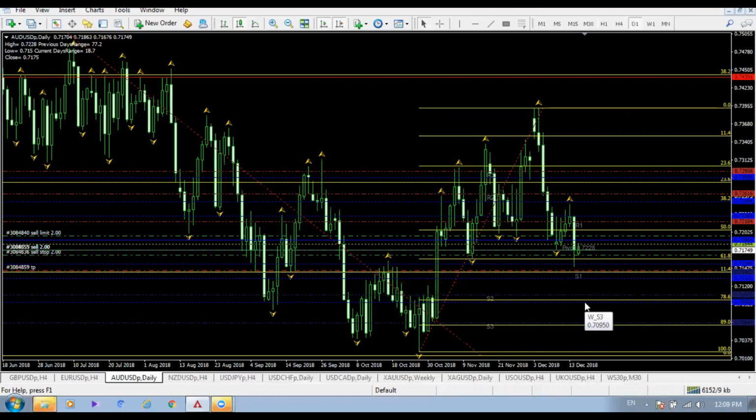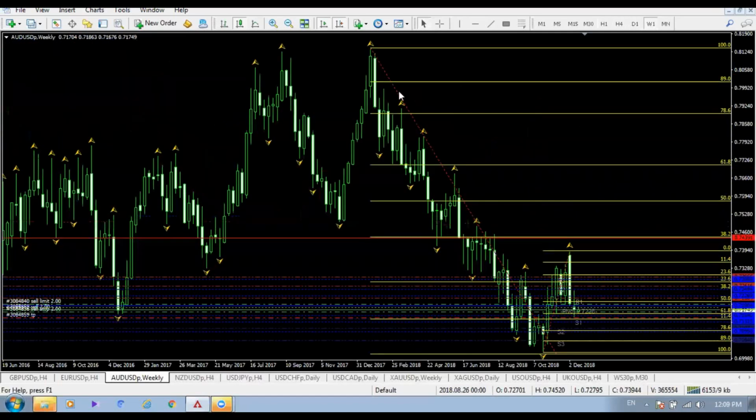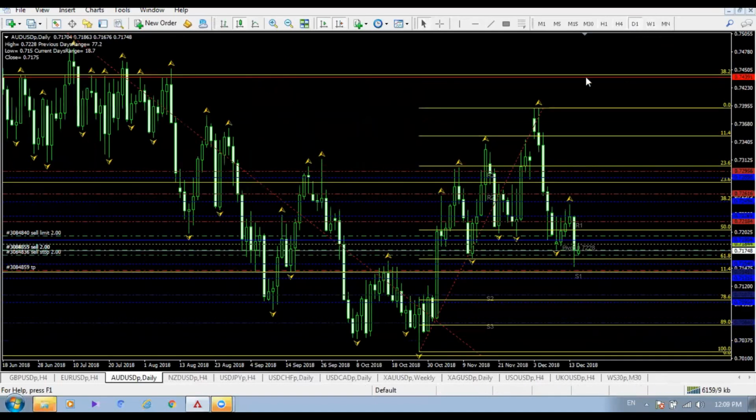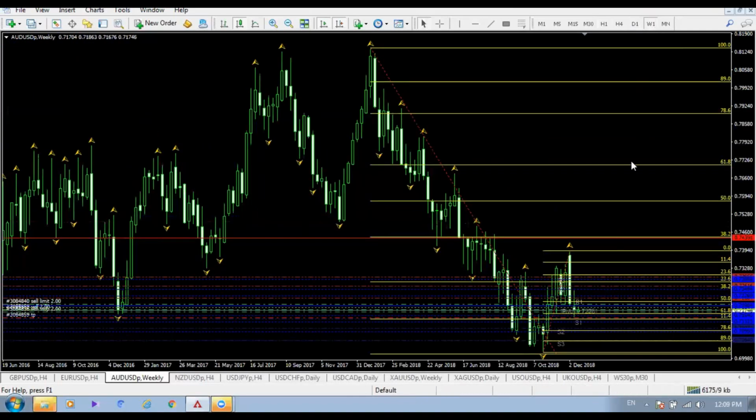But I had already put 78, because I didn't draw the general Fibonacci. I just saw the detailed Fibonacci. So I mistakenly said the elasticity is downwards, when it is upwards, because I didn't draw the general elasticity.